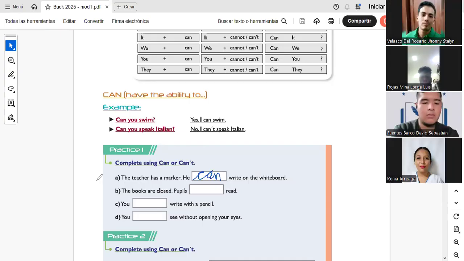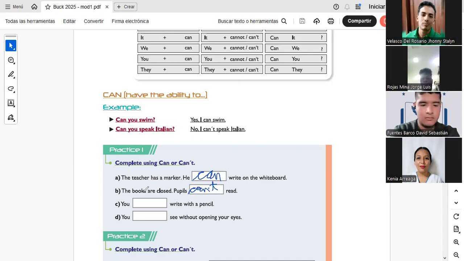Pupils can't. In affirmative or negative? Negative. In negative, that is correct. So pupils can't read, because the books are closed, so they have no ability to read.